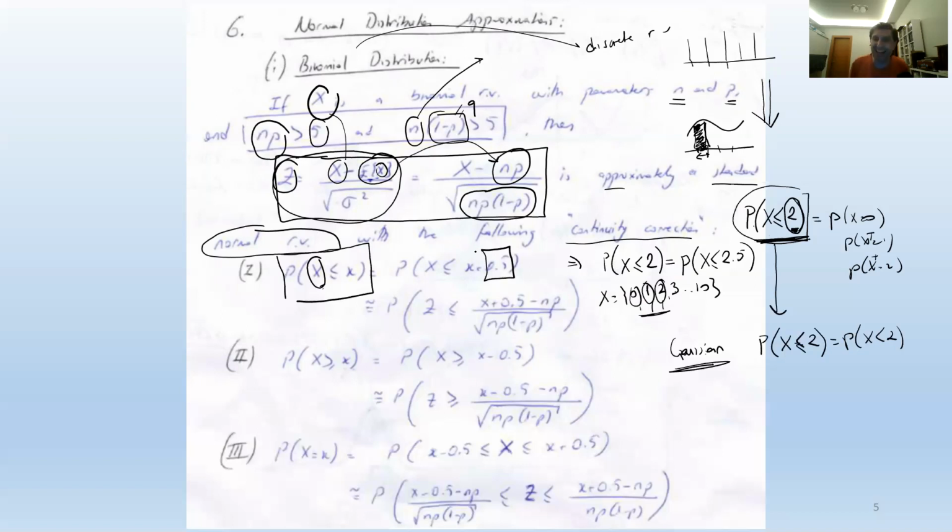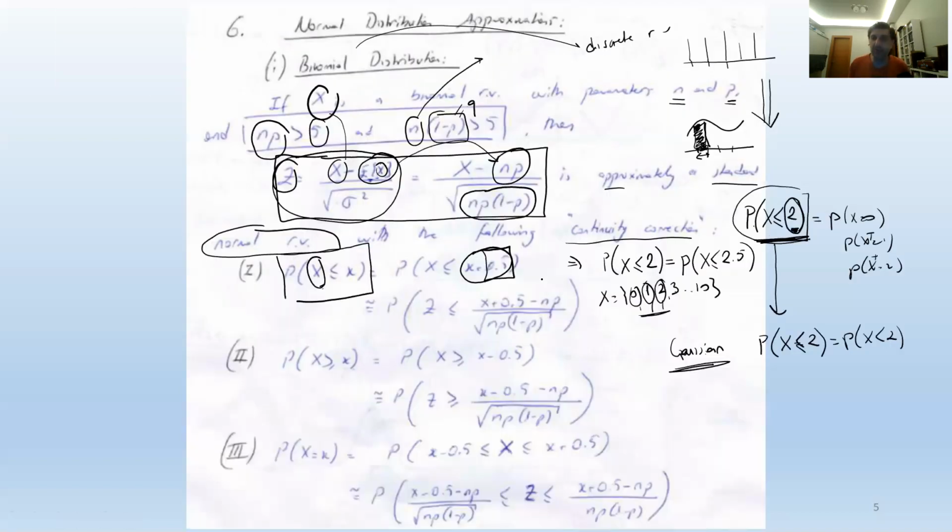On the other hand, at this point, now this is our new x value. Now, when we standardize this, in the Gaussian distribution domain, we are going to see the difference. So instead of this 2, we use 2.5 for the Gaussian distribution.